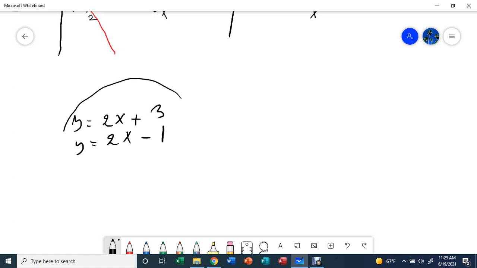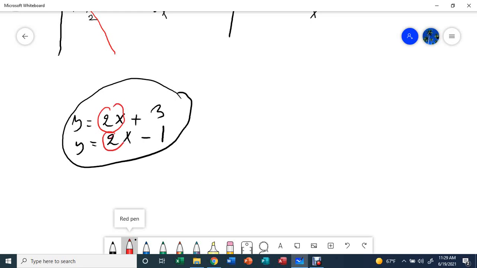These 2 lines are parallel because they have the same slope, which is 2.